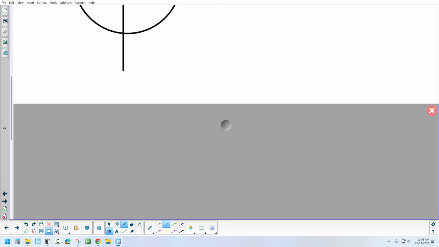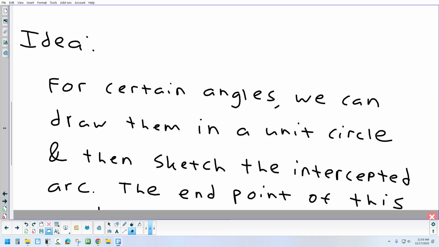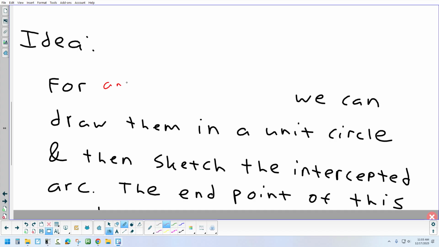So I think I wrote that down. I might just reword it a little bit. Instead of saying for certain angles, I'm going to say for angles that are, and what did I say? Multiples of what? 30 and 45. Yeah, there's some overlap there, like 90. That's a multiple of both.